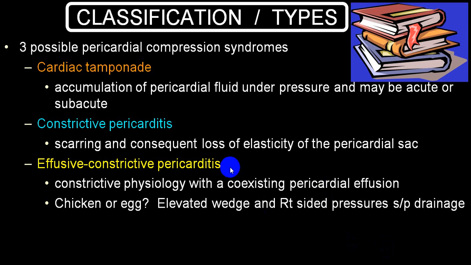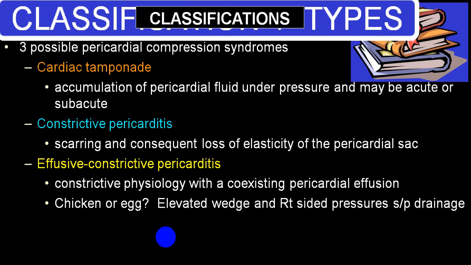This is one way in which the filling of the cardiac chamber is affected. One is cardiac tamponade, second is constrictive pericarditis, and third we call effusive constrictive pericarditis. In all these three conditions, there is a restriction or an effect on filling of the ventricular chamber during the diastolic period.